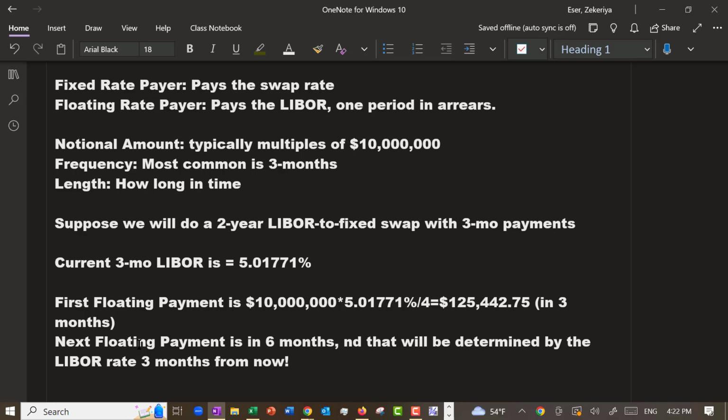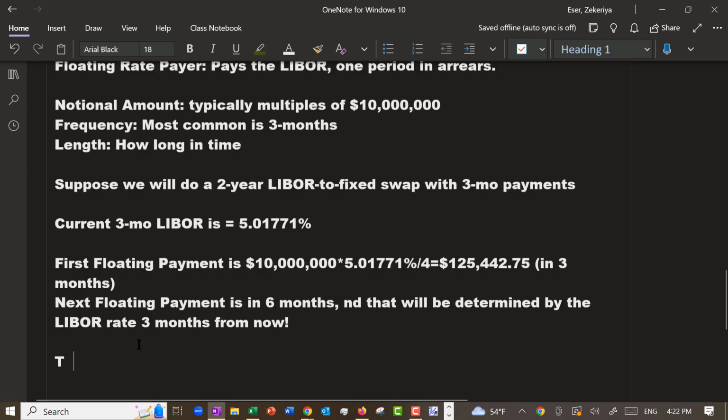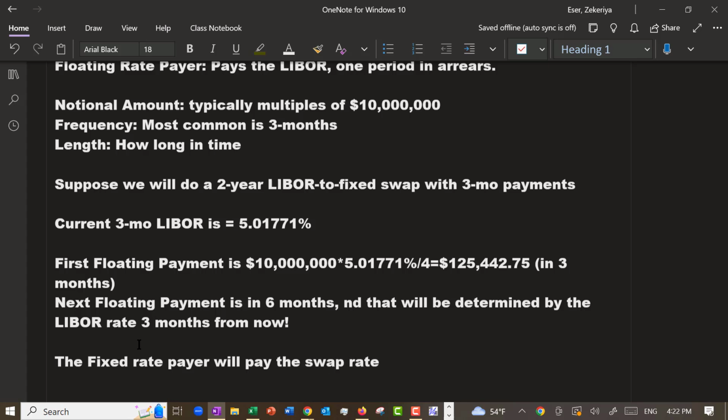On June 21st, we're going to look at the LIBOR. That's what it is. The fixed rate payer will pay the swap rate, whatever that happens to be.